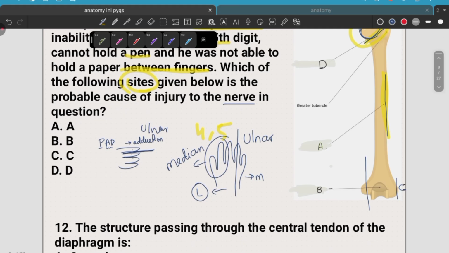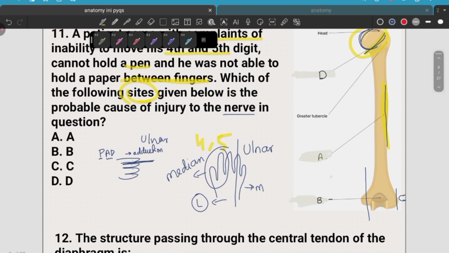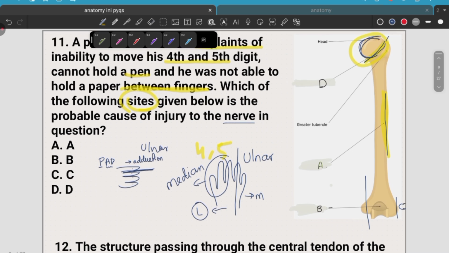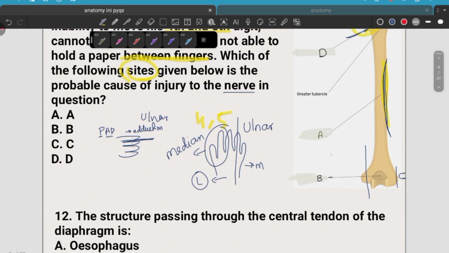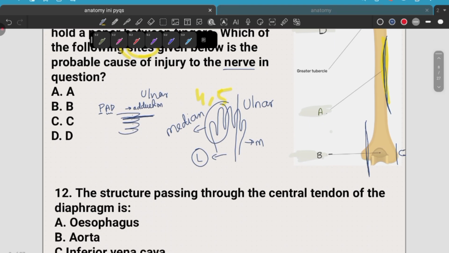So when there is injury to the neck, there will be injury to the axillary nerve. A, there will be injury to the radial nerve, and B is mainly for the ulnar nerve. If there is a fracture of the medial epicondyle, then there will be stretching of the ulnar nerve, so there will be ulnar nerve palsy. So here we got to know that option B is the answer.